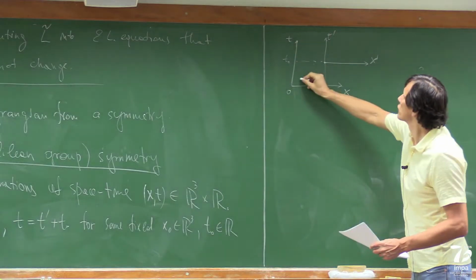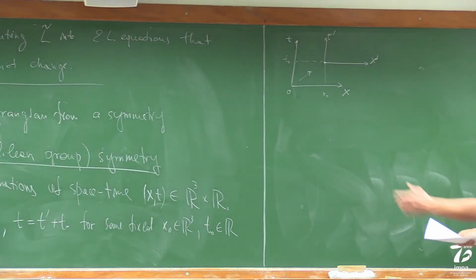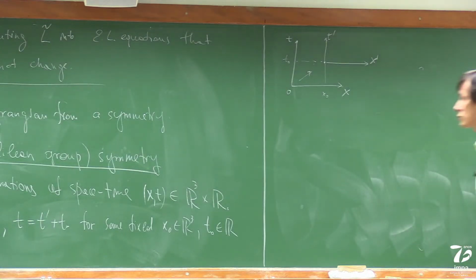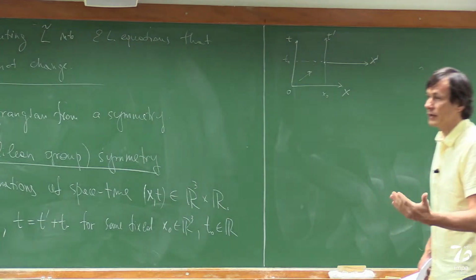So you just move the origin from 0 to point x0, t0. So the first transformation is just changing the origin of time and space.